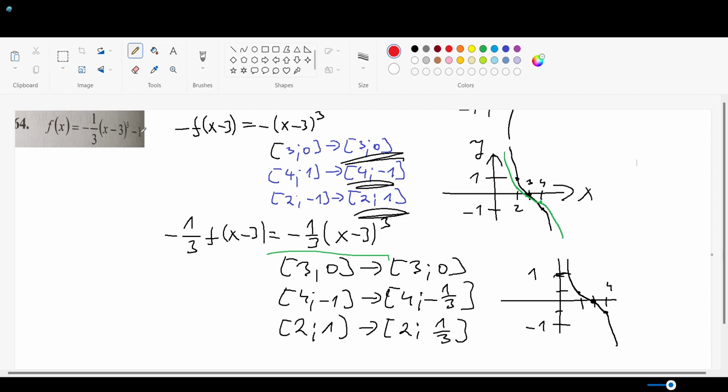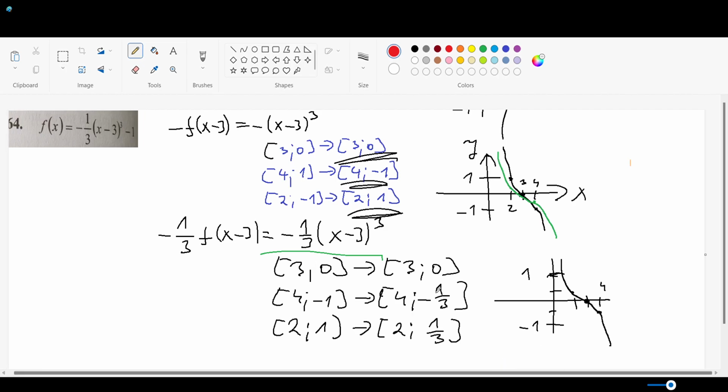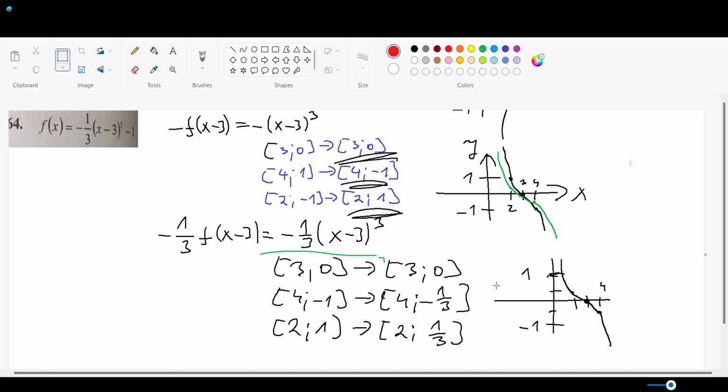Take away 1 from all y coordinates would mean that if we take all these 3 points, we are applying the last transformation to these 3 points, and I'm not sure if I'll do it properly right now, but we want to take away 1 from the y-axis.